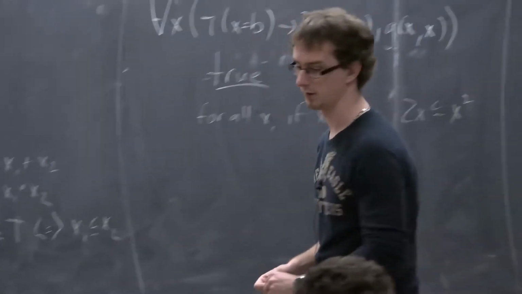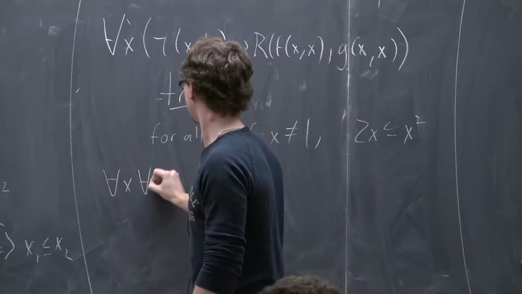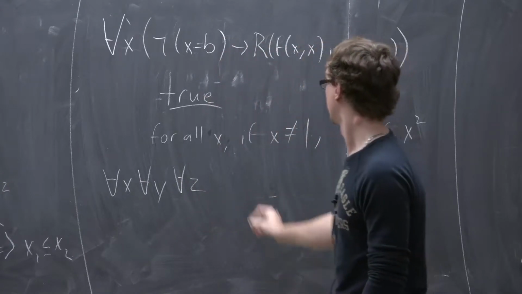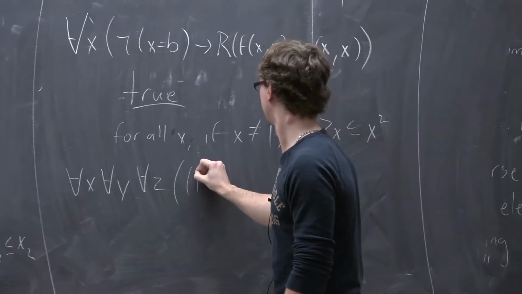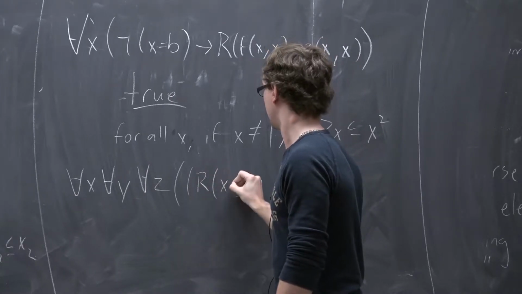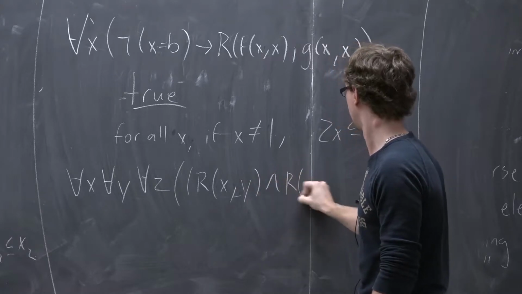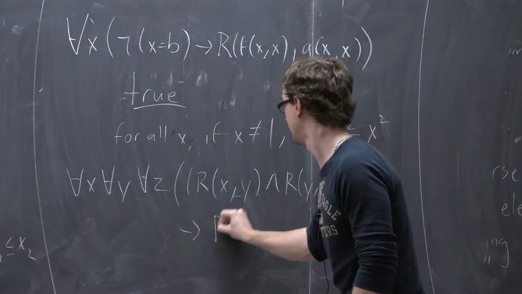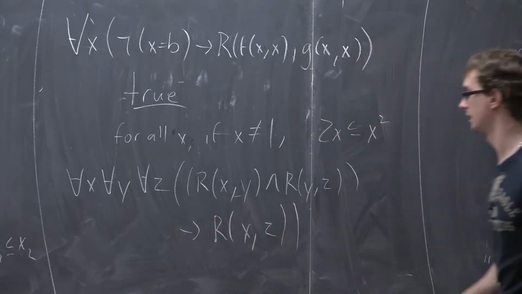So now what about the example, you take any x, y, and z, and now the claim is going to be that if x is less than y, and y is less than z, then it must be the case that x is less than z.